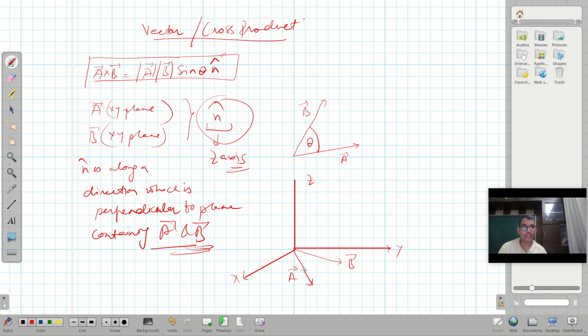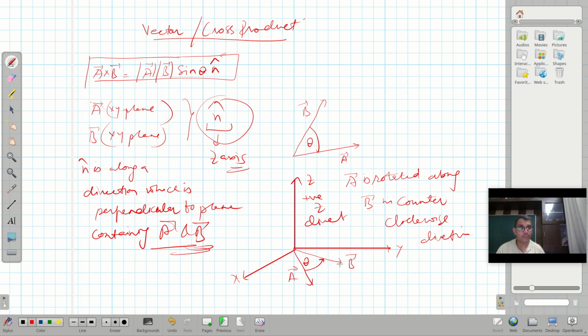So what does it mean? That means if vector A is rotated towards B in the counterclockwise direction, then A cross B is pointing towards the positive z direction.